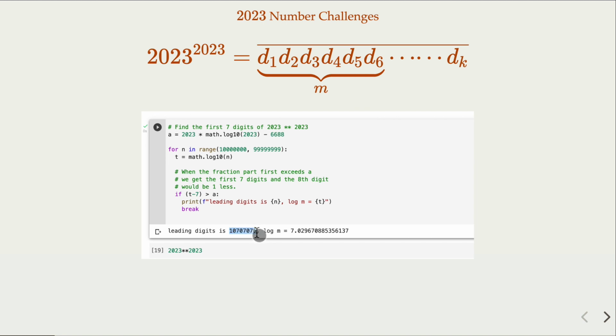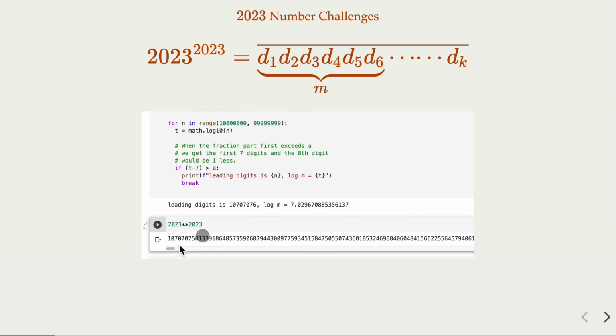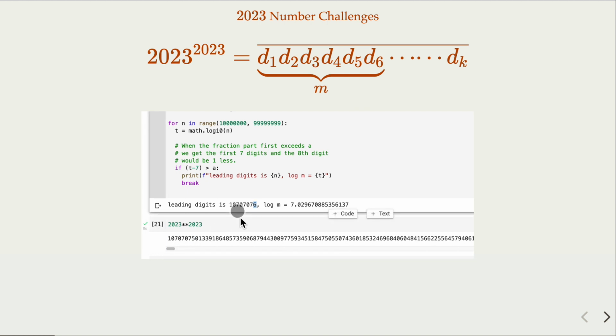Notice that since 76 is bigger, the value should be 75. When we run it, the actual digit is indeed 5. So we got not only the first 7 digits, but also the first 8 digits, because this is the first time you cross the threshold of the target value.